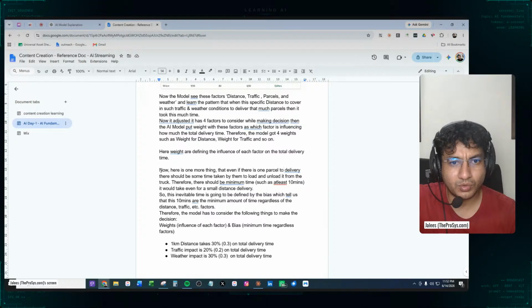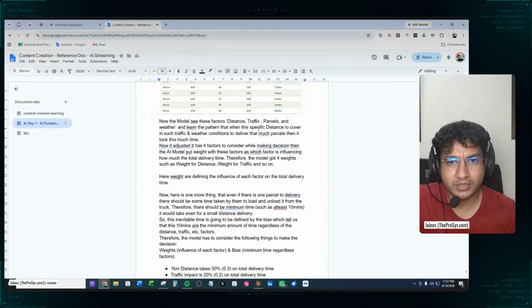Okay, so here the model has received data and it adjusts four things in making the decision.